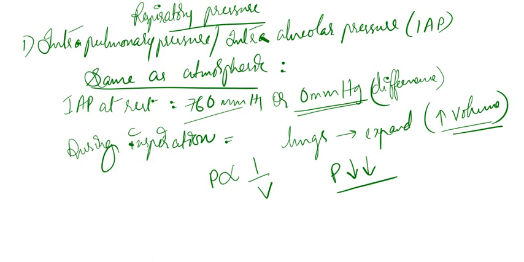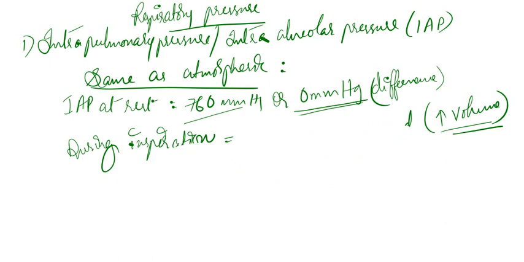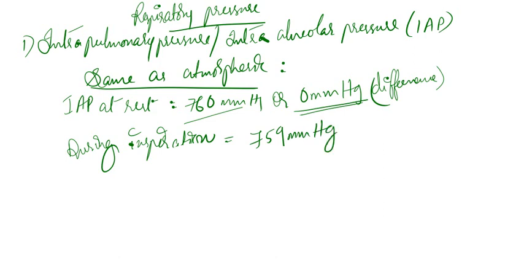So by common sense, when you inspire, air enters the lung and the pressure gets decreased to 759 mm Hg, pulling air inside, or you can also say the difference is minus 1 mm Hg.